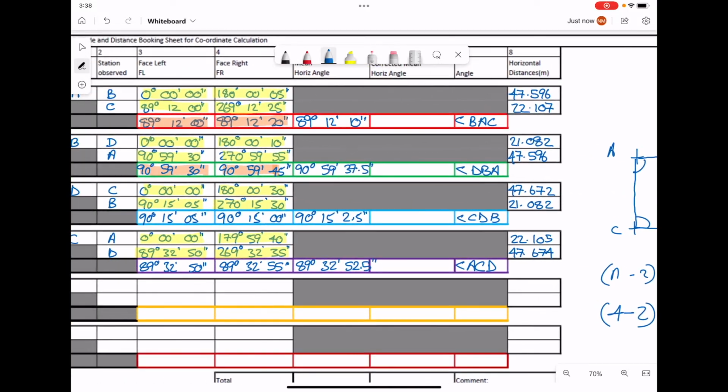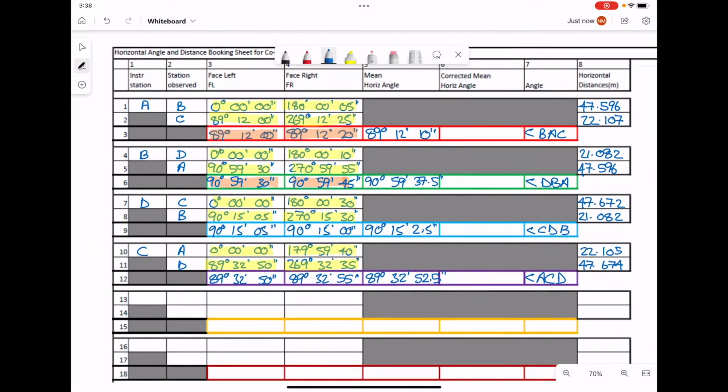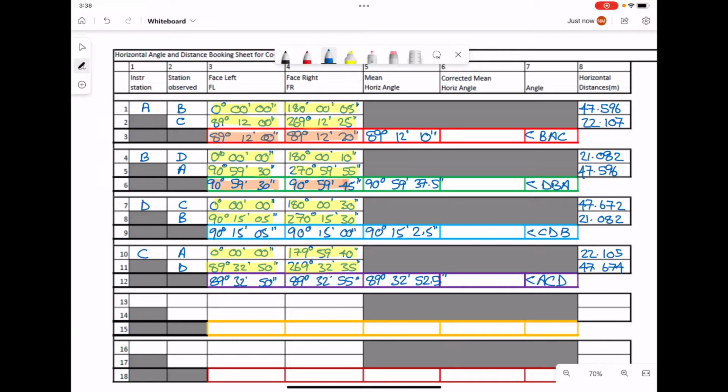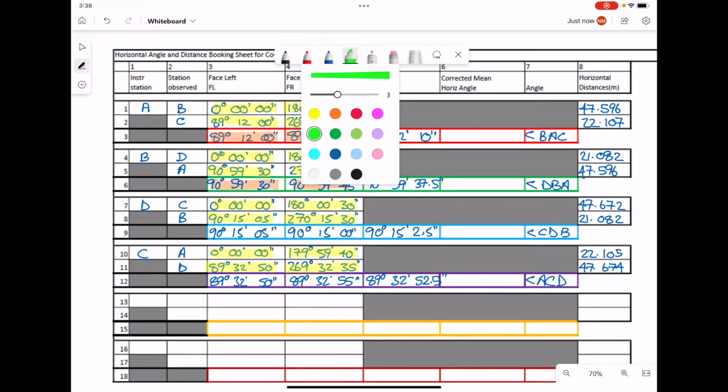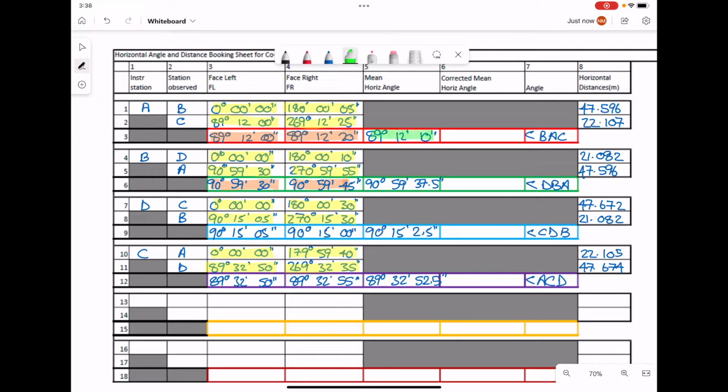If we look back now at our 4 mean horizontal angles, if our measurements were correct, these 4 mean angles should add up to give us exactly 360 degrees.